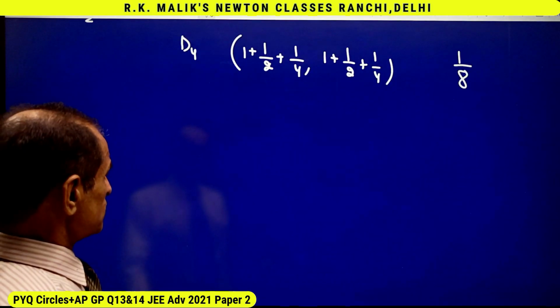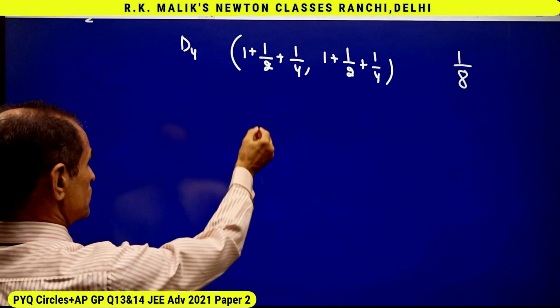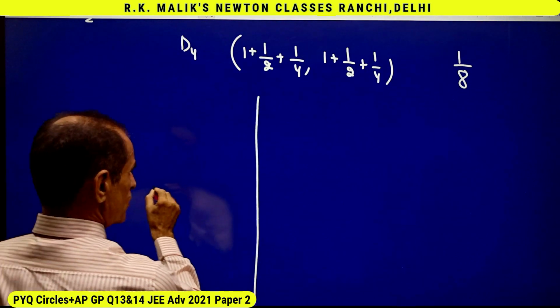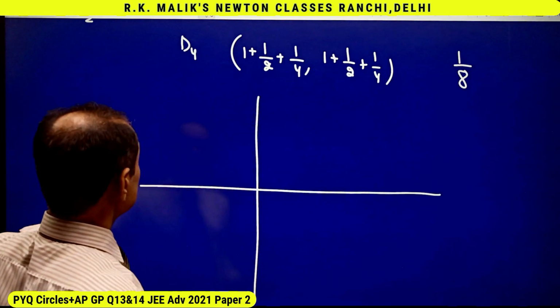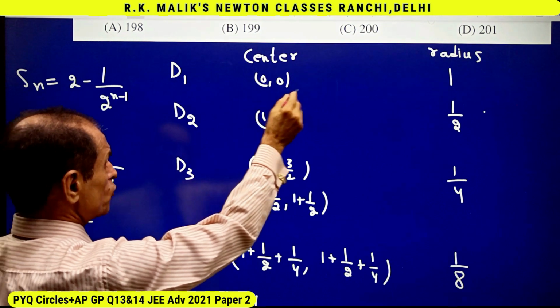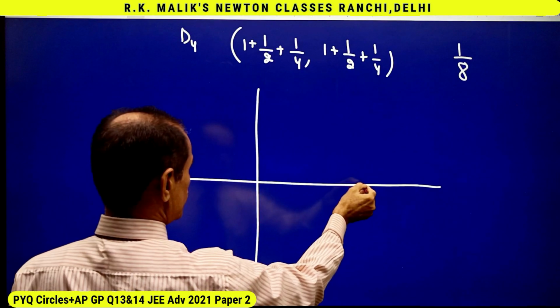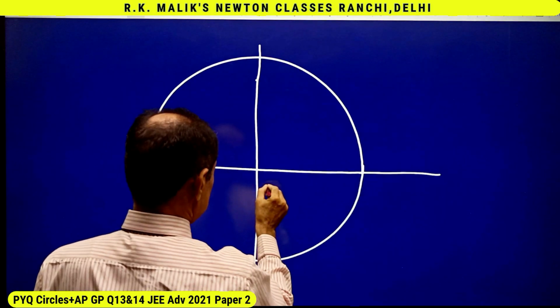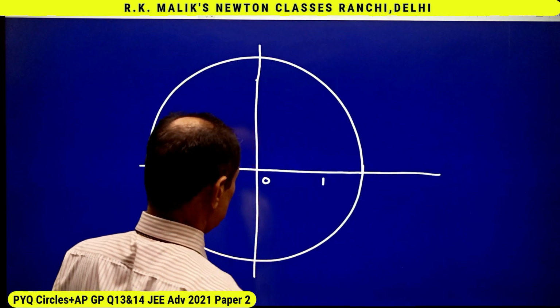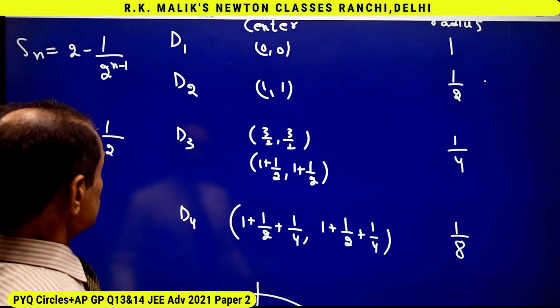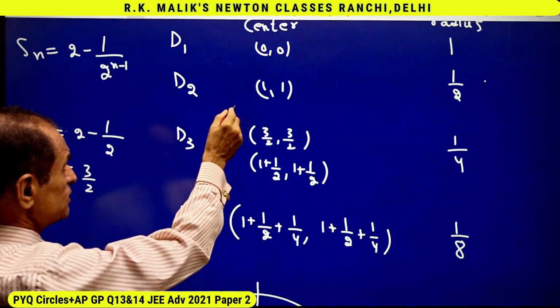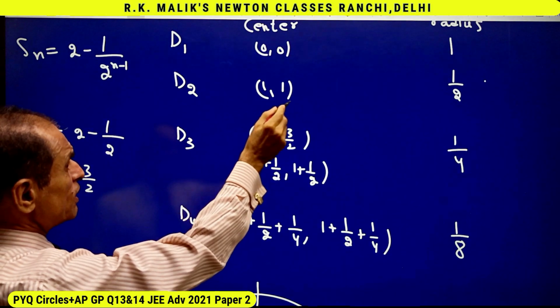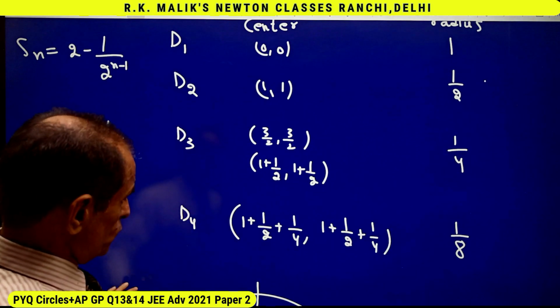And now let us start drawing the circle. First circle has center 0, 0 and radius 1. And for the circle D2, center is 1, 1 and radius is 1 by 2.